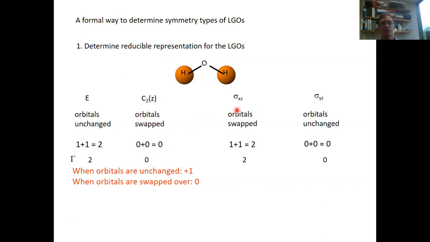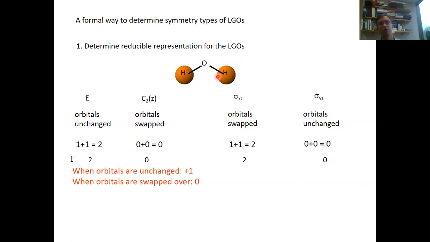Now let's do this for the sigma xz plane. According to our definition, the sigma xz plane is the same as the plane of the molecule.